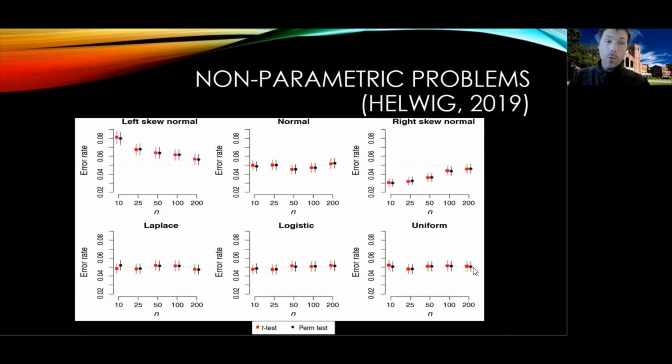And when you get a skew, you actually get either inflation, here in the case of a left skew, or a deflation of your error rate, meaning you can get pretty inflated values. I have to point out, this is nothing compared to the amount of inflation that we get. I mean, we're talking about 0.08 compared to the 70, 80% that we got with other techniques.